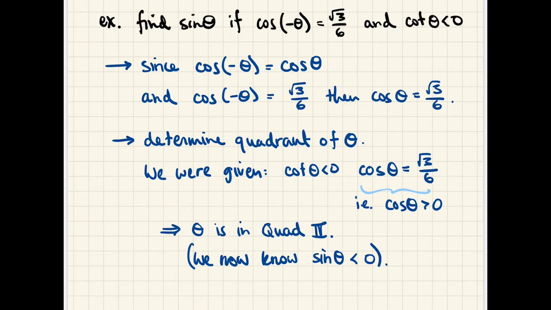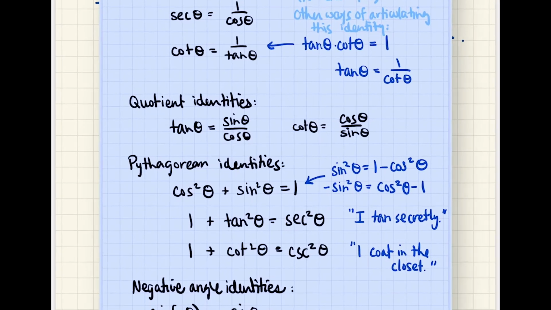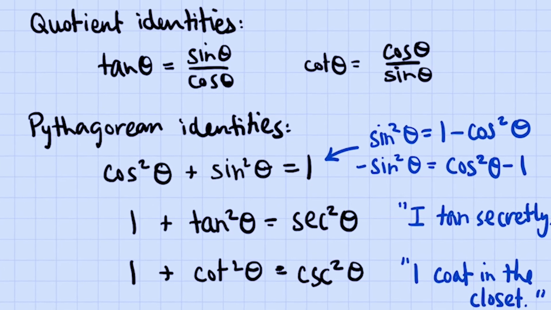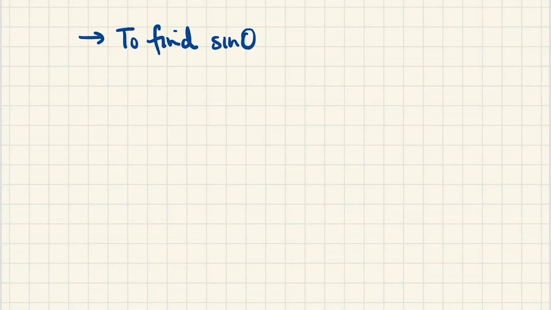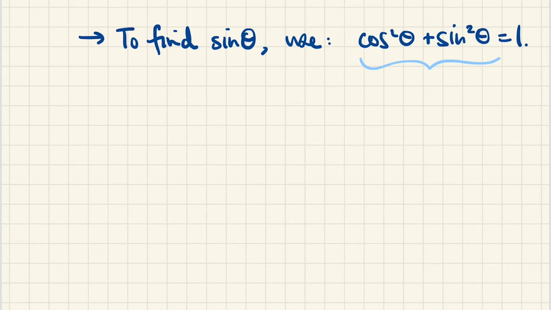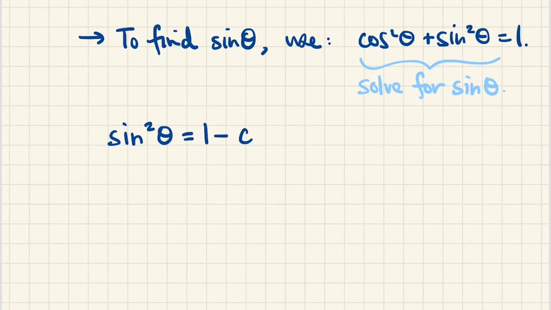Okay, so here we have, of course, cosine of theta, and we're interested in sine of theta. So we're going to need an identity that relates sine and cosine. Of course, that's a Pythagorean identity. So let's just solve this identity for sine of theta. So sine squared of theta is 1 minus cosine squared of theta.